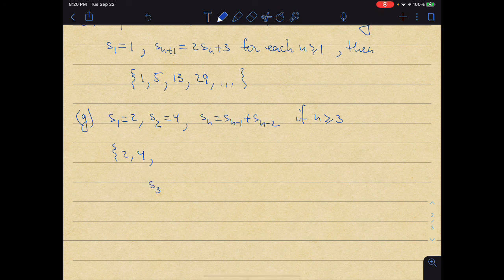S3 should be S2 plus S1. S2 is 4, S1 is 2, 2 plus 4, 6. What is S4? It's S3 plus S2. S2 is 4, S3 is 6, so S4 is 10.